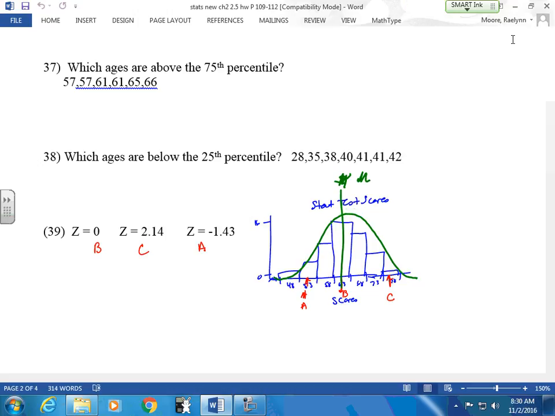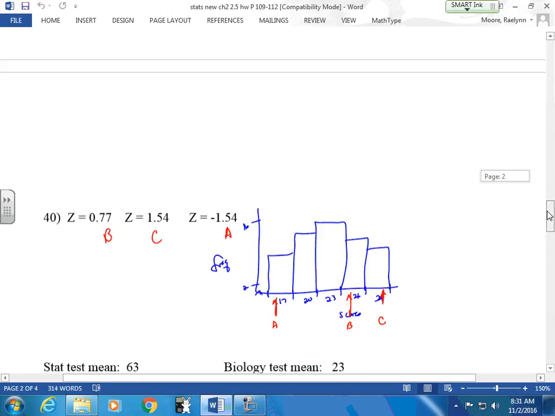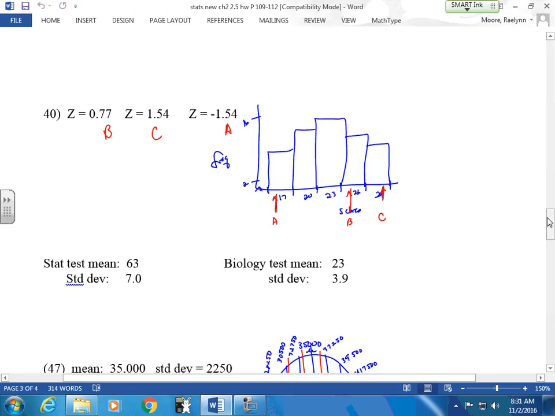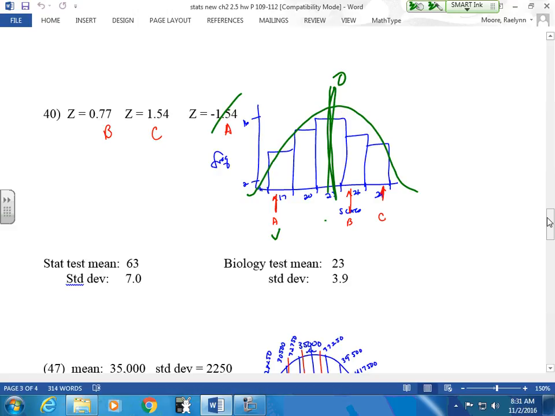This is a great graph, just so that you can build an understanding about where this is going. We're going to work a lot more with these. Again, here's your normal curve. Here's your mean in the middle. That's where your 0 would be. This is a number line, so this is 0, and then 1, 2, 3.